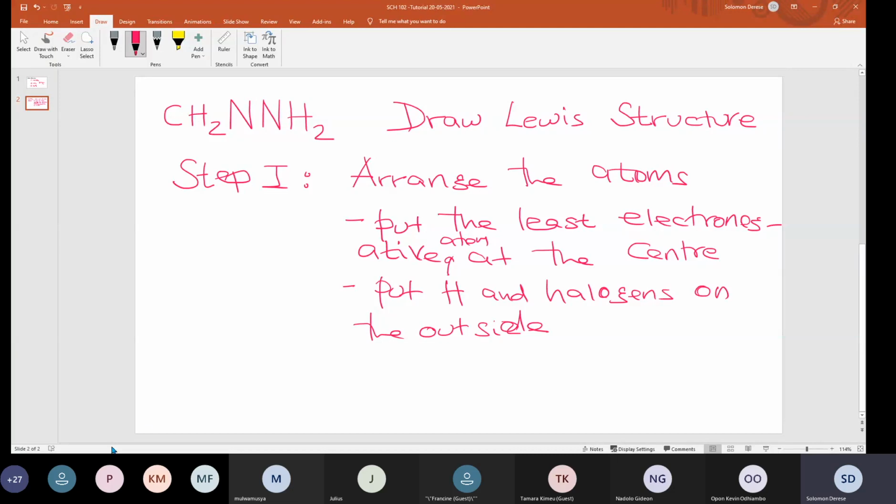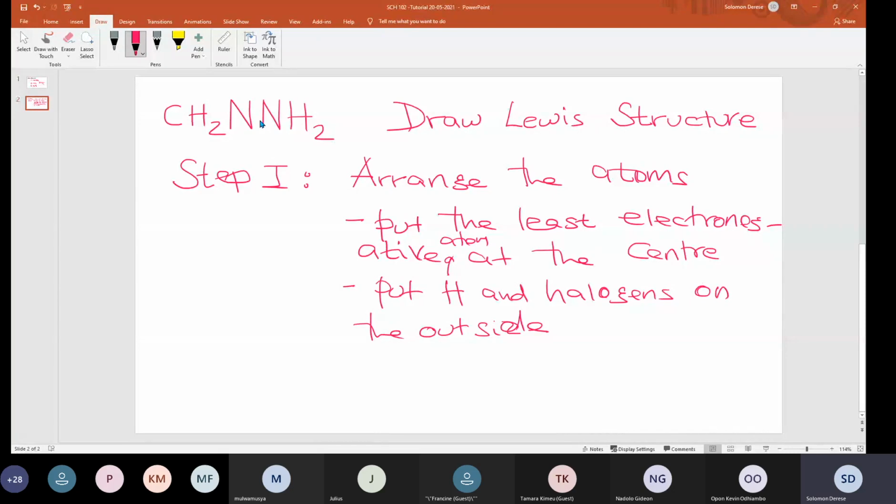So now when you look at this molecule, CH2NNH2, we have carbon, 2 nitrogens, and 4 hydrogens. The hydrogens have to be kept on the outside. And the way this molecule is written gives an indication of which element is next to which one.